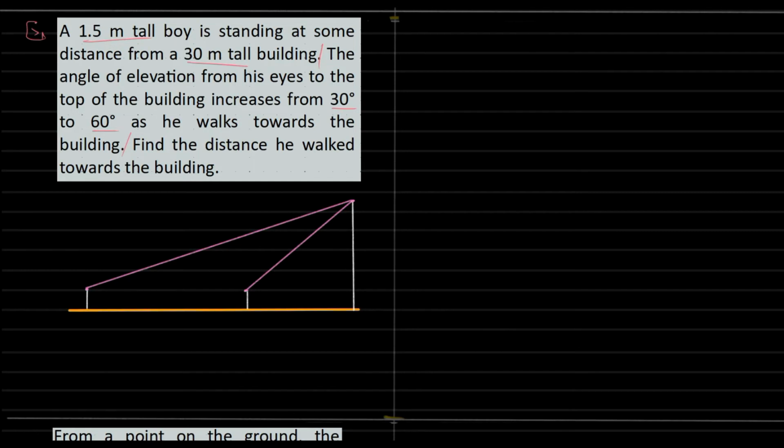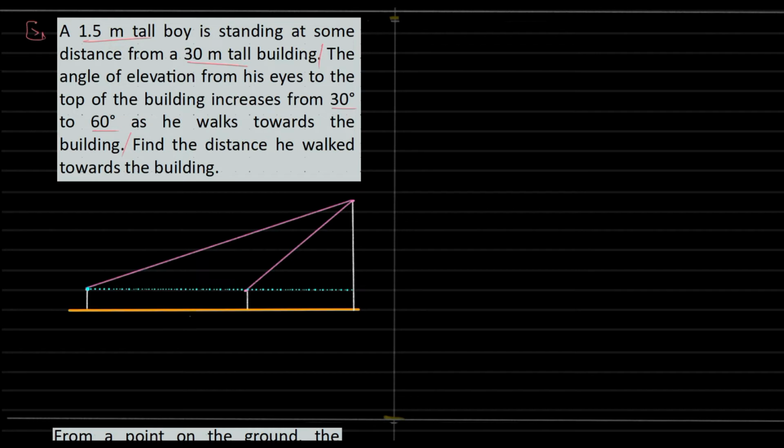Since we have the height of the person, the horizontal line has to be parallel to the surface and at a height where his eye level is. So this is his eye level, and we need to draw a horizontal line parallel to the surface. Okay, so this is the entire diagram.